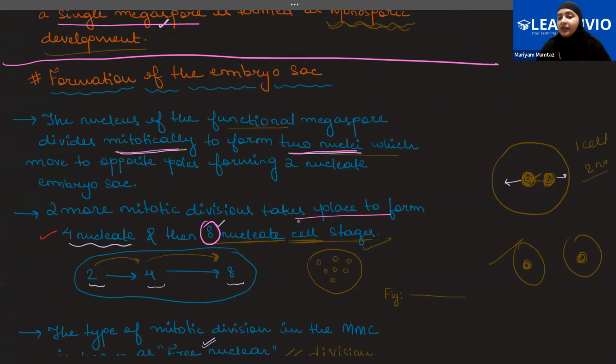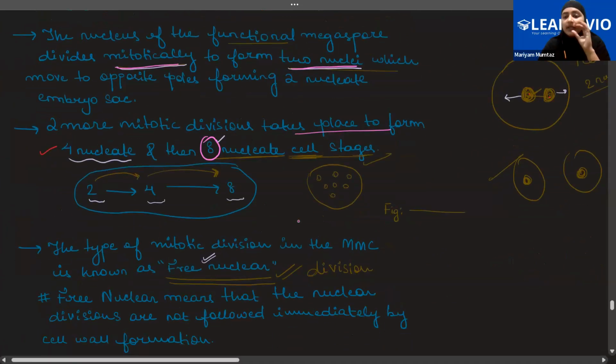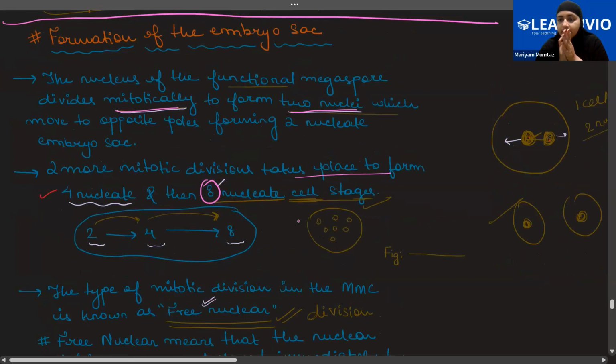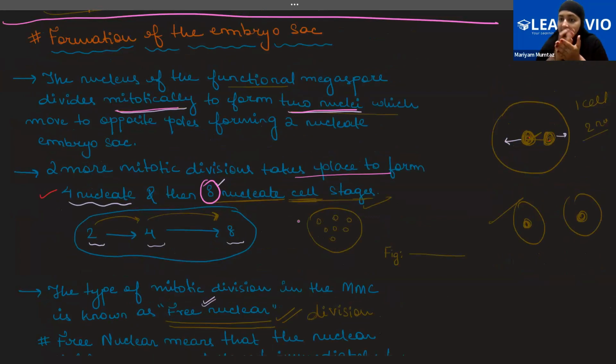What is the meaning of karyokinesis? The division of the nucleus. And cytokinesis? Division of cytoplasm. So in normal conditions, whenever a nucleus divides, it has to be followed by the cell dividing. Then only 2 separate cells would be there, or else it will be a syncytium.